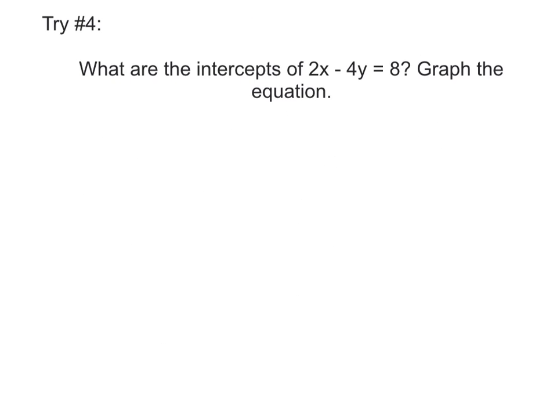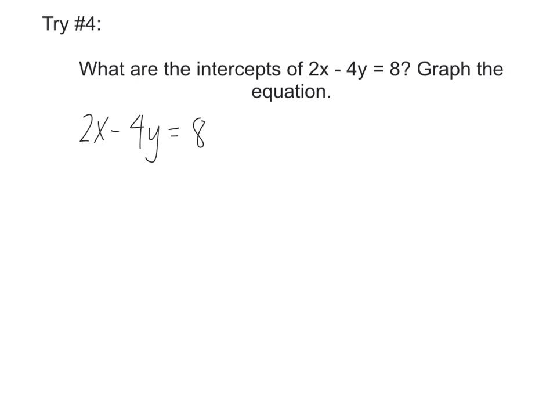So let's try it again. We're asked to find the intercepts of 2x minus 4y equals 8 and then to graph. Oops, not plus, minus 4y. We're going to find the x-intercept or the y-intercept by setting the other variable equal to 0.